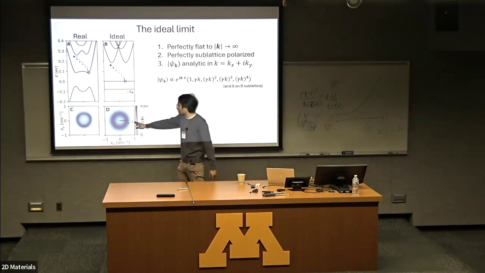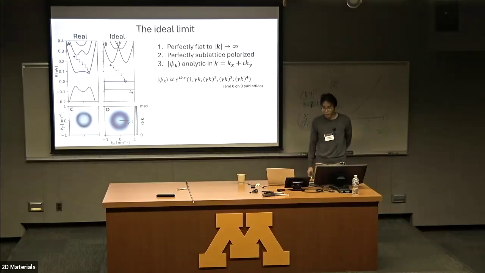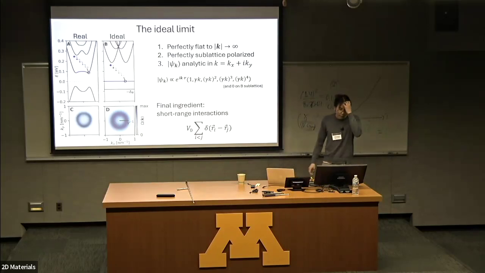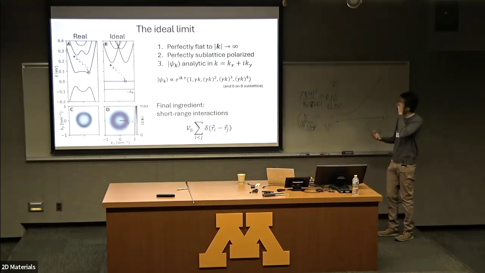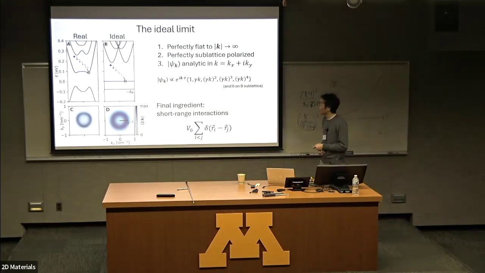That's why, for this Berry curvature, it doesn't look exactly the same, but it's very qualitatively similar. You get this ring, and at small k, it agrees very well. And on top of this, we have a final ingredient, and that's short-range interactions. Specifically, we want very contact interactions, basically delta functions in position.